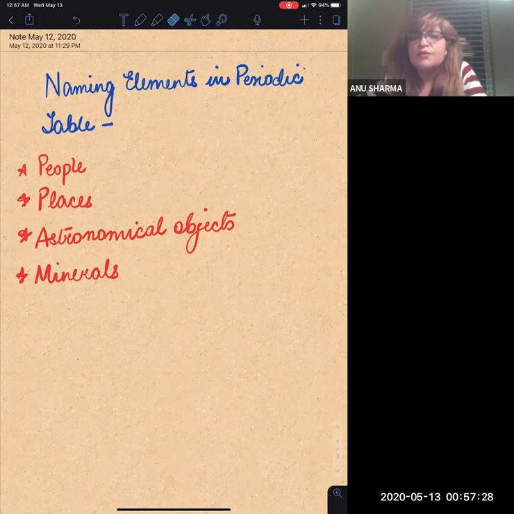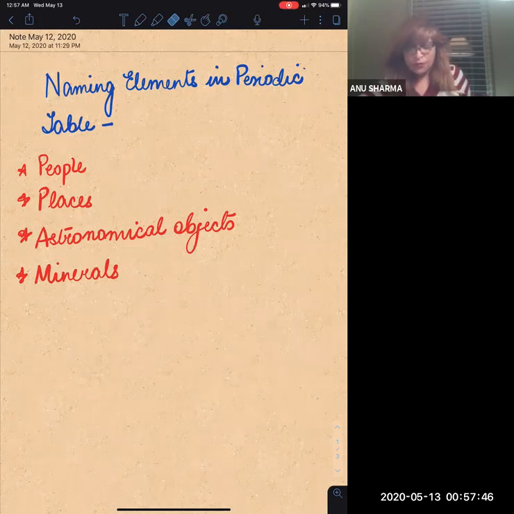So these elements were named after certain people, certain places, certain astronomical objects, and certain minerals. So let's look at what elements in the periodic table were named after some people. For example, we're going to look at what their name is and what their symbol is.